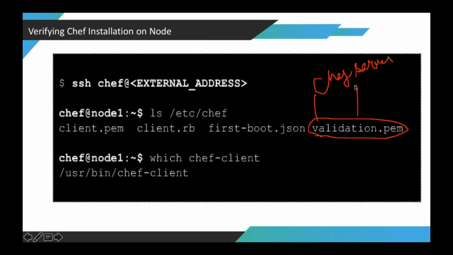The Chef server will validate this validator.pem file and provide the configuration to that server. This is the security feature which Chef has. Unless this client can be validated, the Chef server is not going to provide the config back. So this is how the Chef client authenticates.